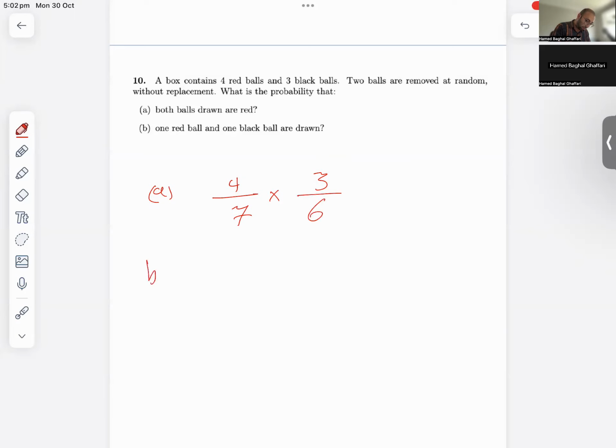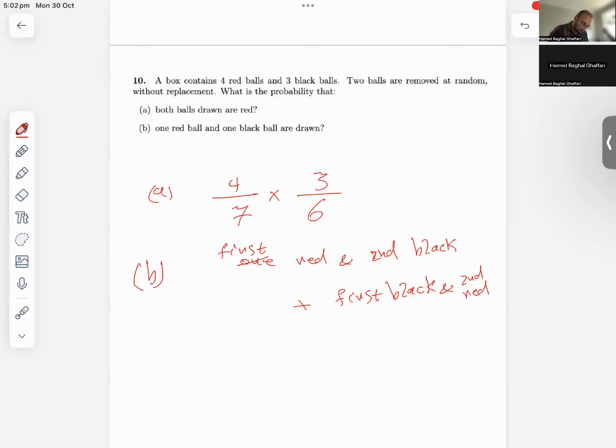Part B, so we can have the first one red and the second one black, plus the other scenario, first black and second one red.